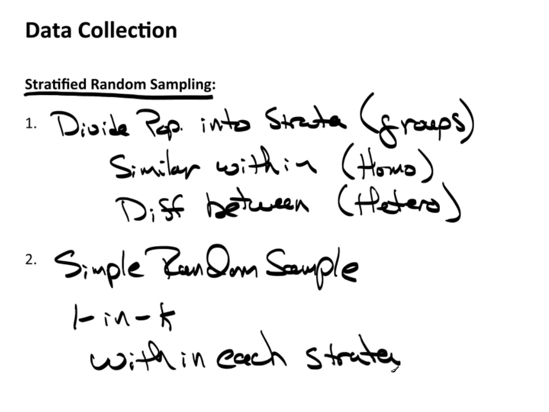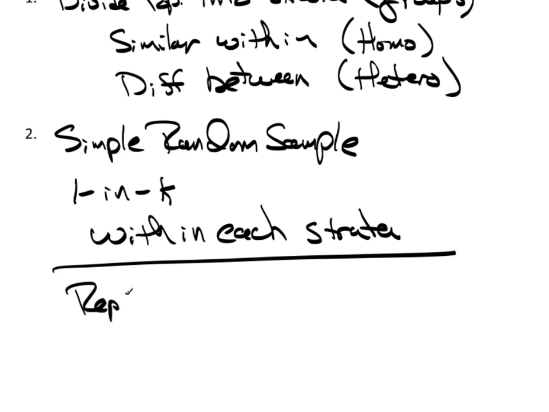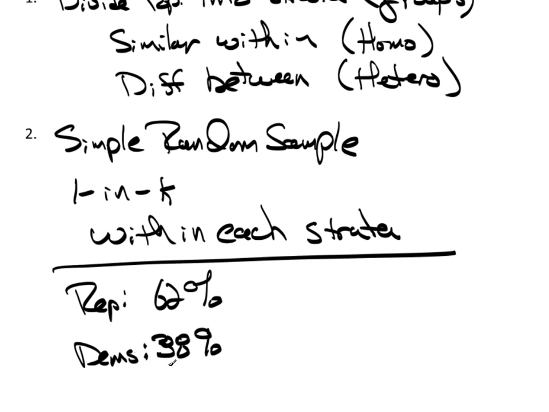So let's make numbers really, really easy just for the sake of conversation here. Let's say that Republicans are known to make up 62% of this population I'm working with. That means the Dems are at 38%. And let's say that I can take a sample N of, say, 100.